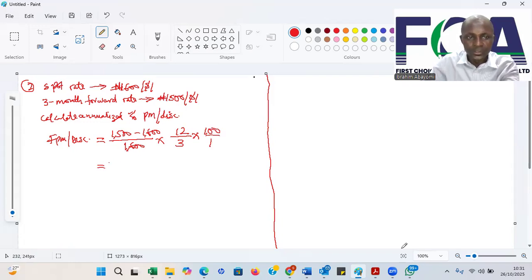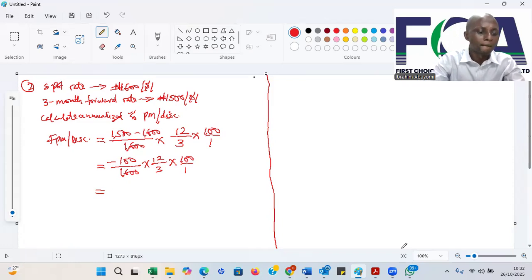If you solve this, we have minus 100 over 1,600 times 12 over 3 multiplied by 100 over 1.